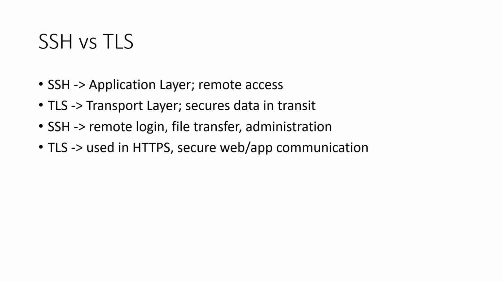SSH operates at the application layer and is used primarily for remote administration, secure shell access, and file transfers. It lets administrators control servers and devices over encrypted sessions. On the other hand, TLS operates at the transport layer. It provides a secure channel for protocols like HTTP, SMTP, and IMAP, forming the backbone of secure web communication through HTTPS. So while TLS secures web traffic, SSH secures interactive and administrative access to systems.